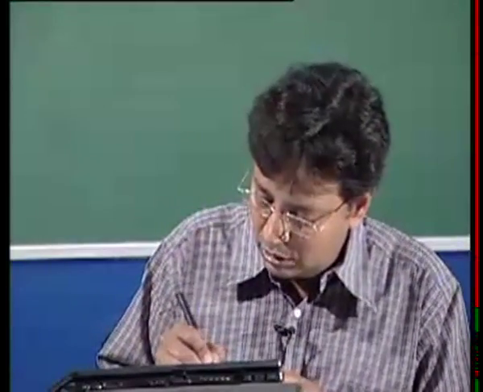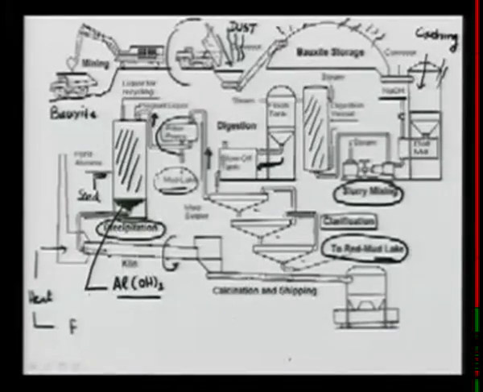So what we use, generally, and again this varies from plant to plant, is furnace oil or other cleaner fuel.